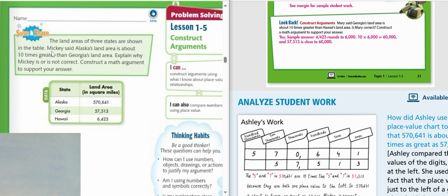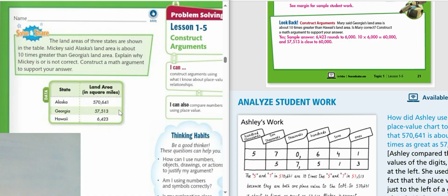Mickey said Alaska's land area is about 10 times greater than the Georgia area. Explain why Mickey is or is not correct. Construct a math argument. Support your answer.